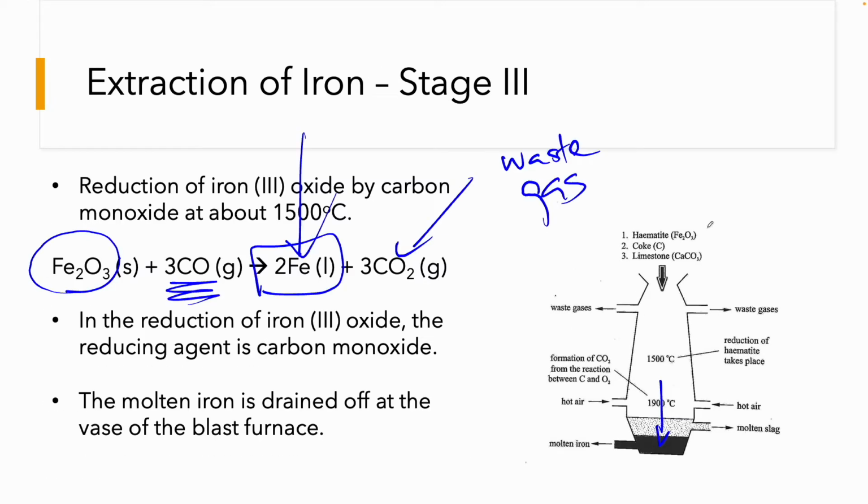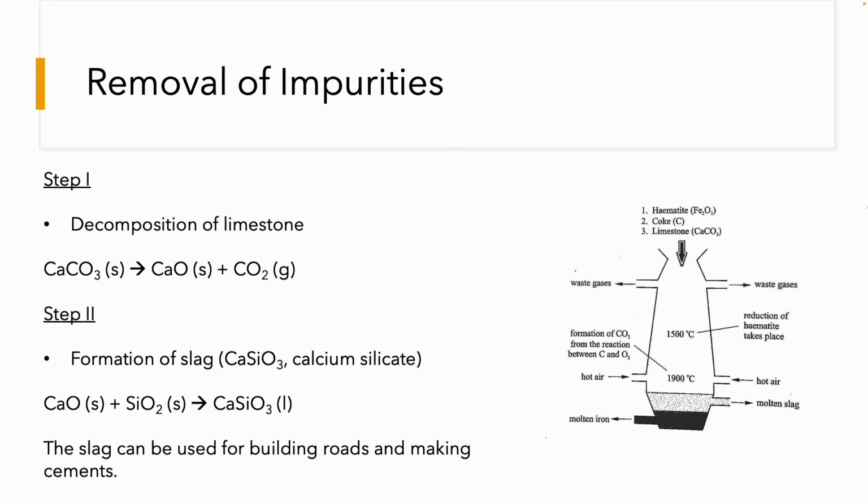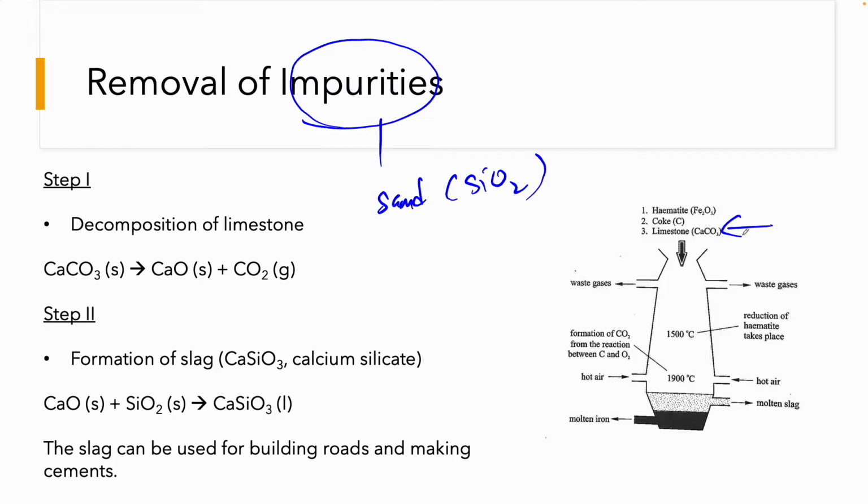Then in the hematite, we have impurities plus iron(III) oxide. These impurities are actually sand, silicon dioxide. We need to remove the sand that is contaminating the liquid iron. Just now we have limestone. Limestone is calcium carbonate.